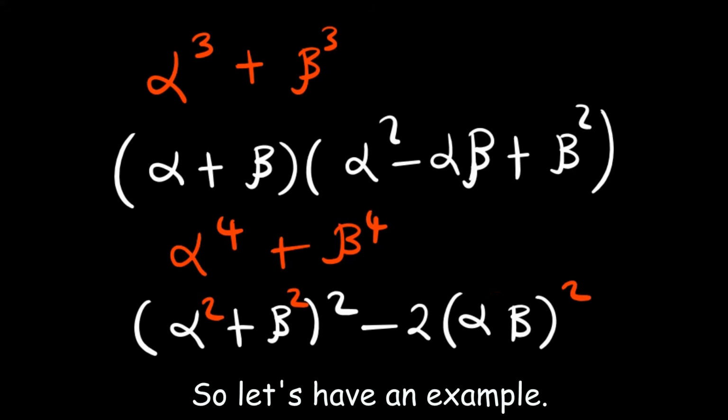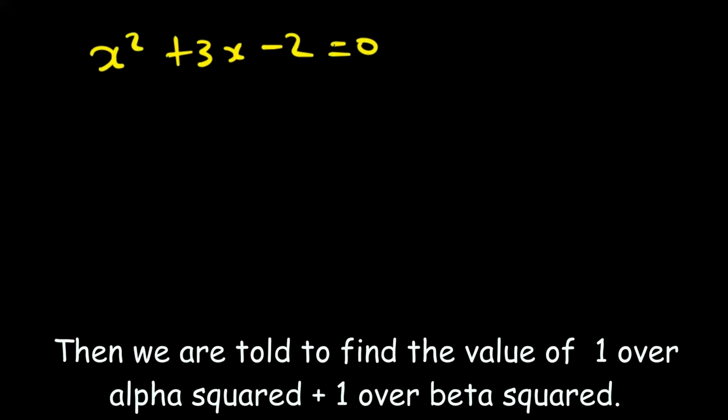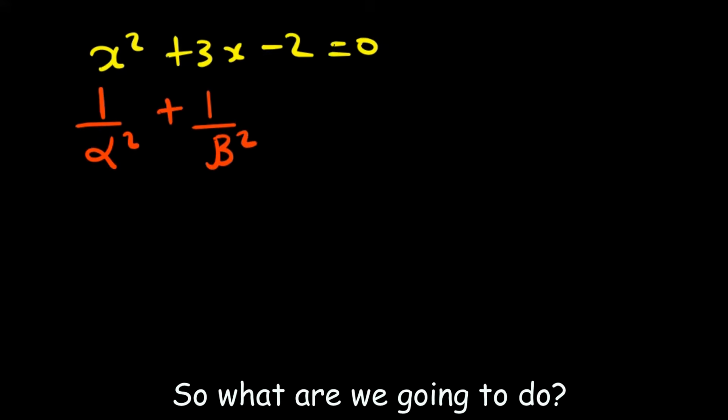So let's have an example. Let's say alpha and beta are real roots of a quadratic equation. Let's say the equation is x squared plus 3x minus 2 is equal to 0. Then we're told to find the value of, let's say, 1 over alpha squared plus 1 over beta squared. So what are we going to do?